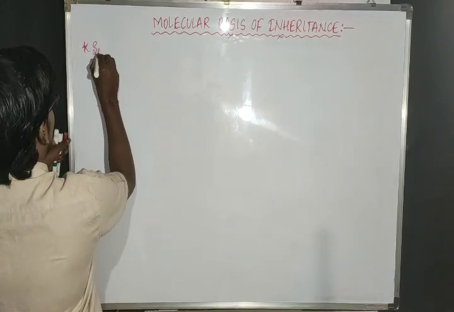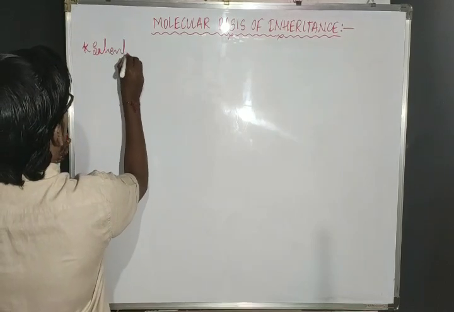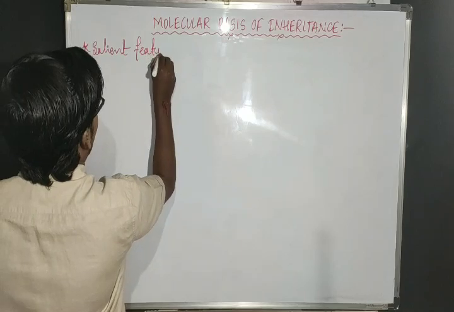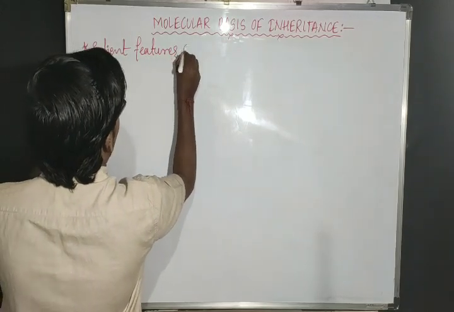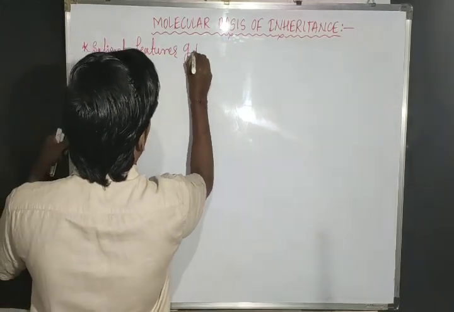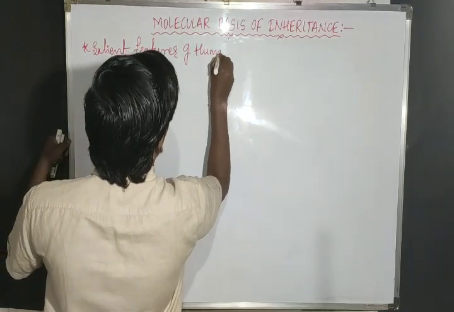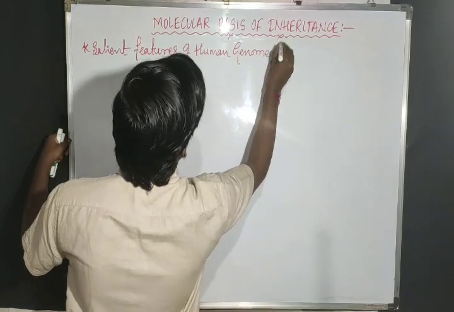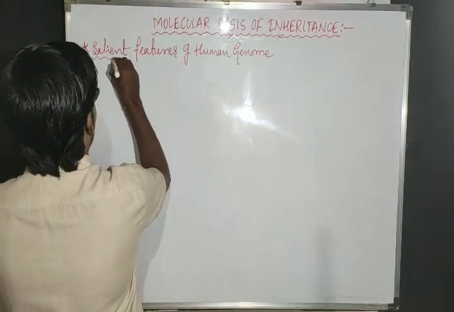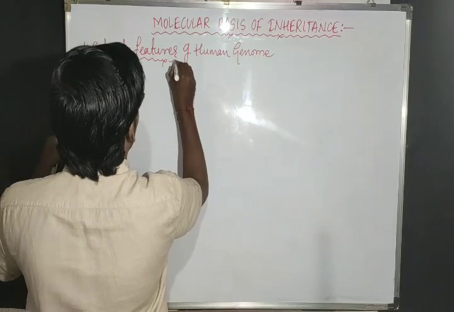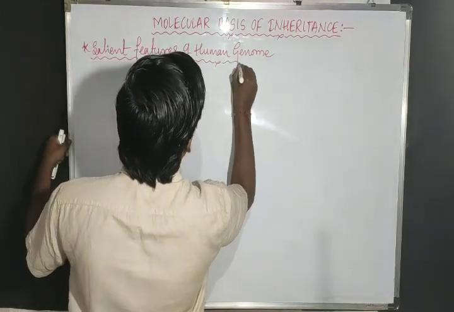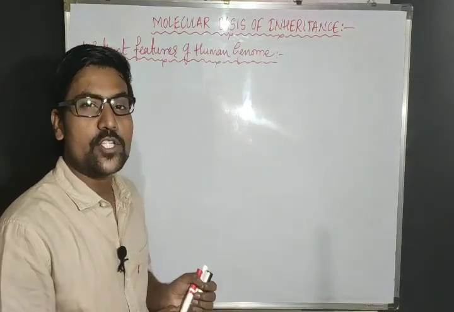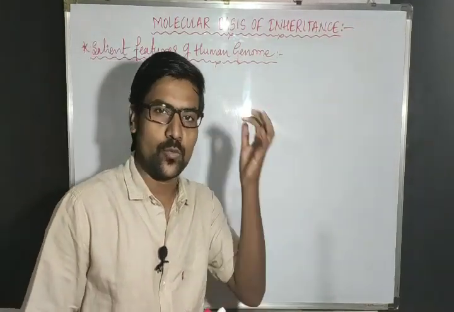Salient features of the human genome, the main observations in the human genome.